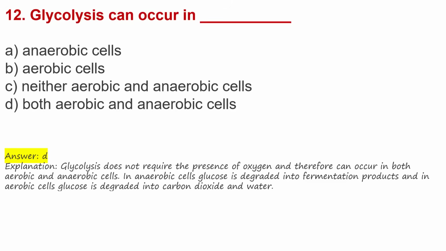The presence of oxygen will not stop it, and the absence of oxygen will not stop it. Therefore it can occur in both aerobic and anaerobic cells. In anaerobic cells, glucose is degraded into fermentation products, that is ethanol and carbon dioxide, and in aerobic cells, glucose is degraded into carbon dioxide and water.